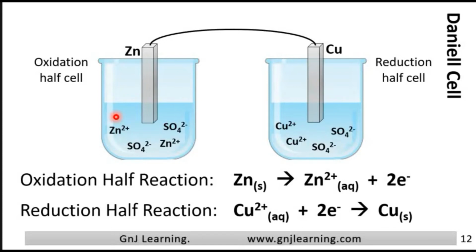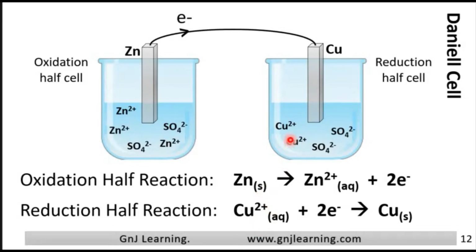Once again it wasn't there, and as a part of oxidation zinc 2+ appeared in the solution, and ultimately the solution has changed into a positive potential because here zinc 2+ ions are in excess now. Now those 2 electrons that have come out of zinc will pass through this wire and reach copper, where the reduction reaction is taking place.